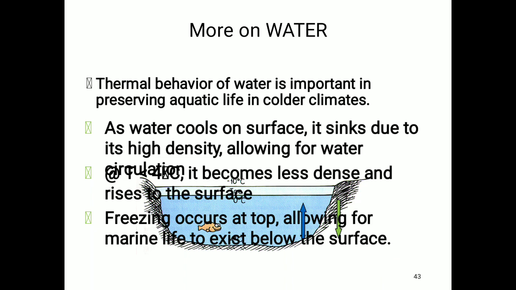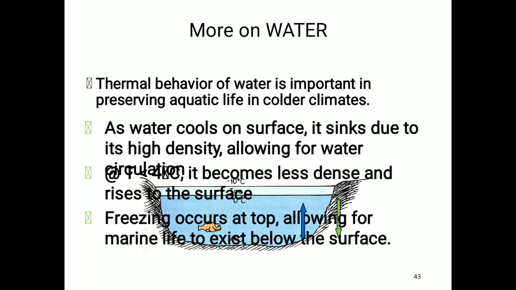So you have read the news in the colder areas, when the temperature becomes below 0 degrees centigrade, the water of the rivers, like Dal Lake in Kashmir, freezes.